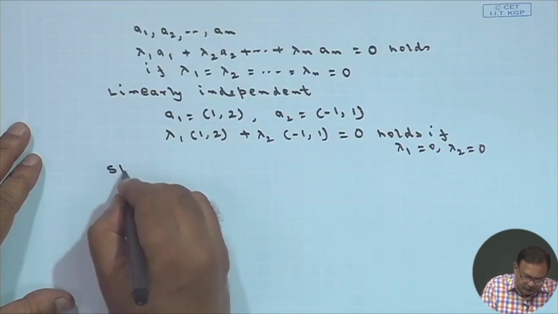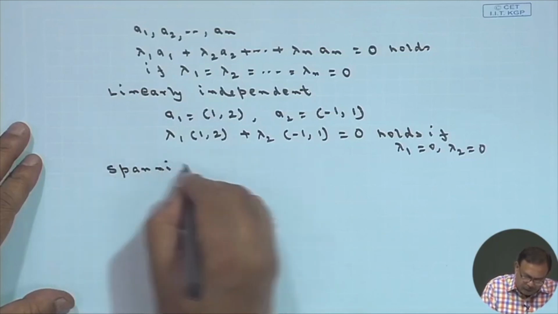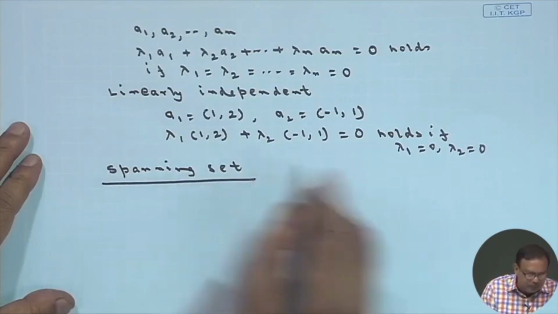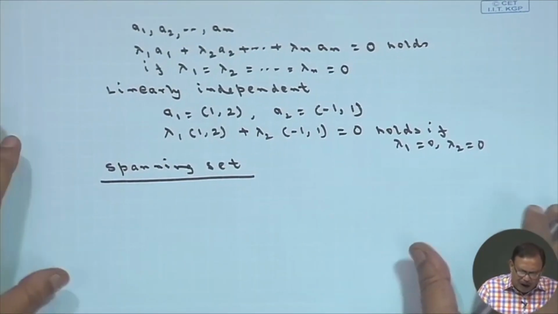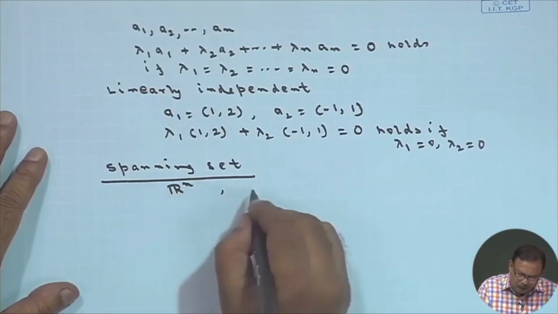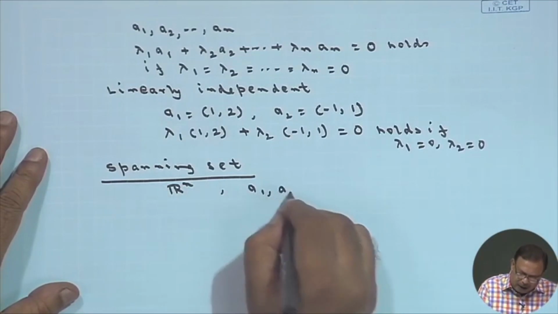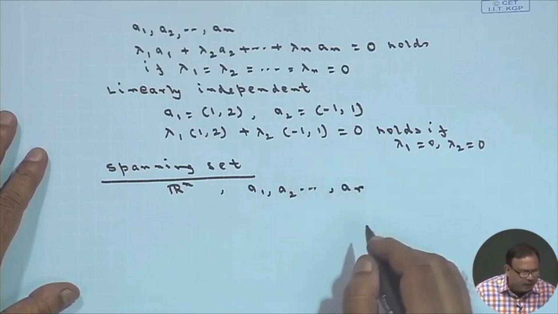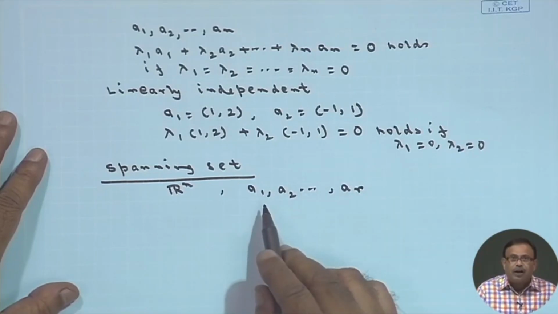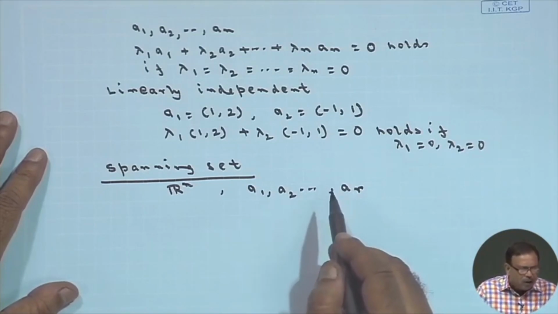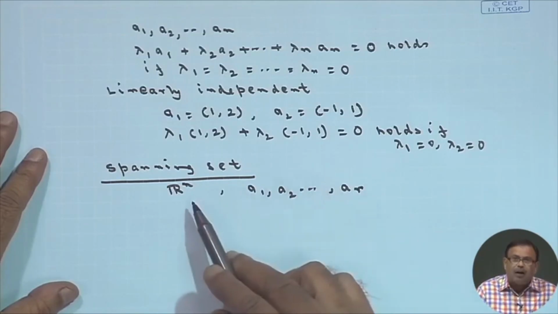Next is the spanning set. You have the set of all vectors in Rn. From here, if I can get a set of vectors A1, A2, ..., Ar, we say that this set of r vectors will span or generate Rn.